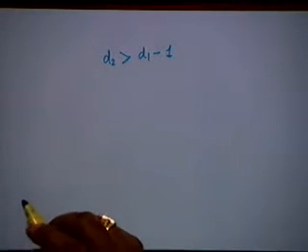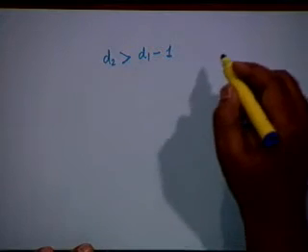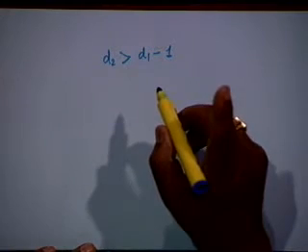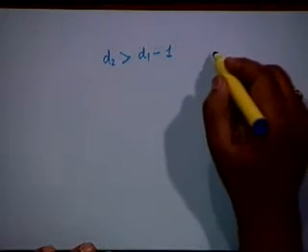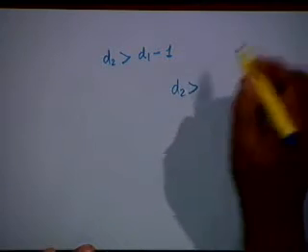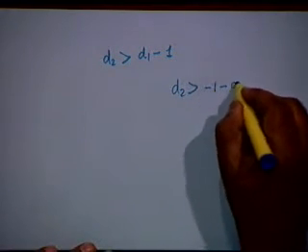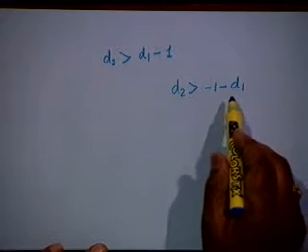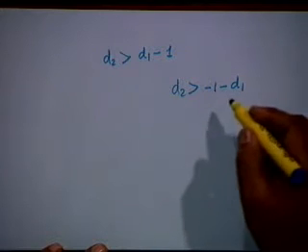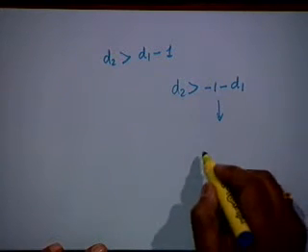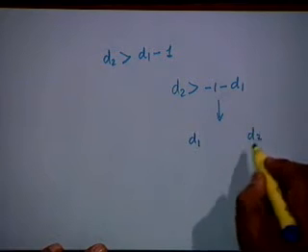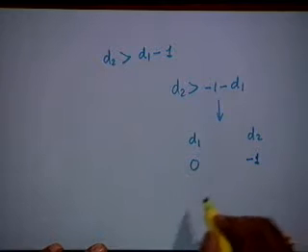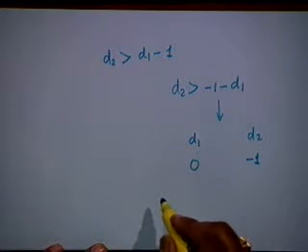Now, if I plot this with an equality sign, I shall get a straight line. And what was the other condition? d2 greater than minus 1 minus d1. Once again, if I plot this with an equality sign, then we shall get a straight line. Let us see this straight line, d1 and d2. If d1 is 0, then d2 is minus 1 with an equality sign.